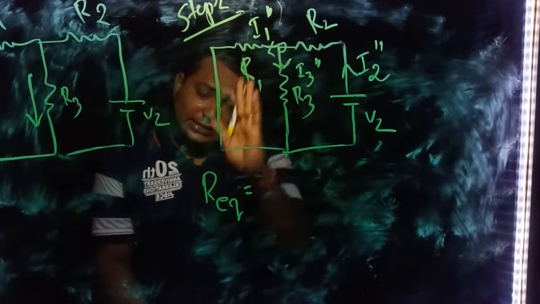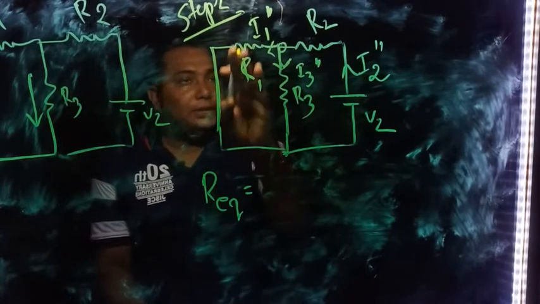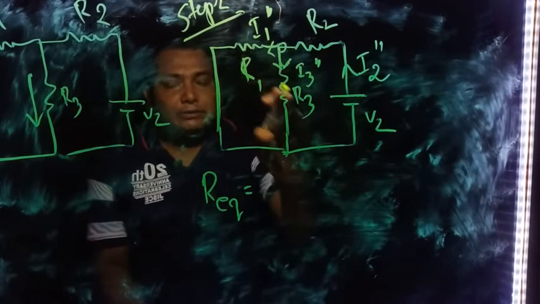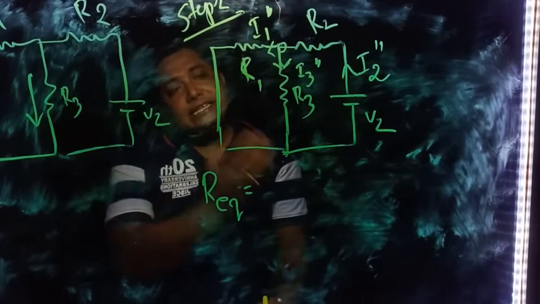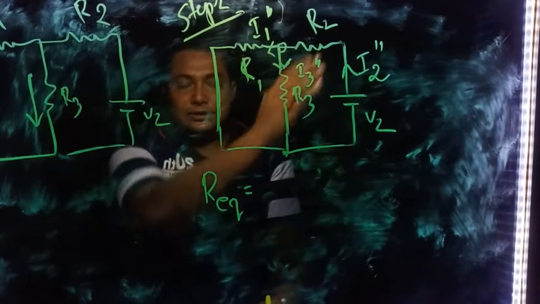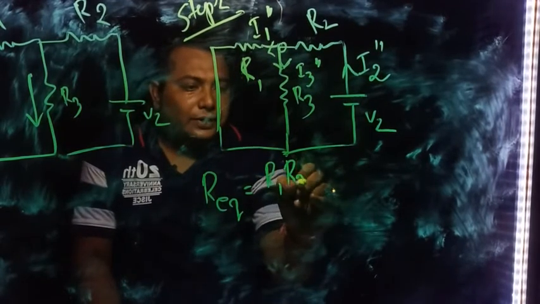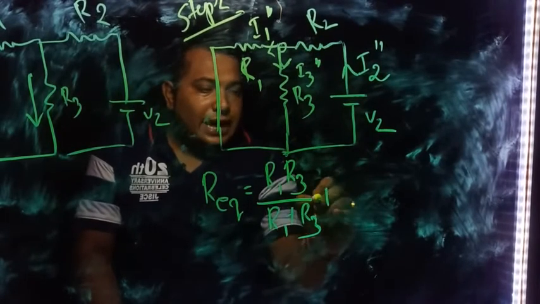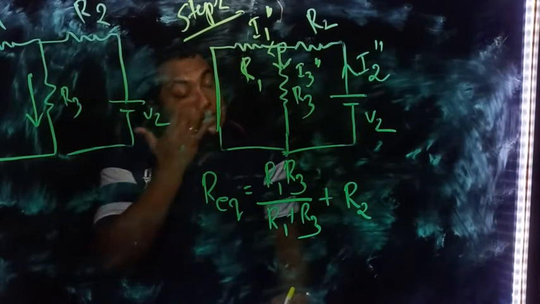If it is dividing between two, we can say these two are in parallel, with that R2 in series. As this current is dividing between R1 and R3, they are in parallel, with R2 in series. So we can say R1 and R3 in parallel, R1 plus R3, with R2 in series. Okay, so this is the total equivalent resistance we have.